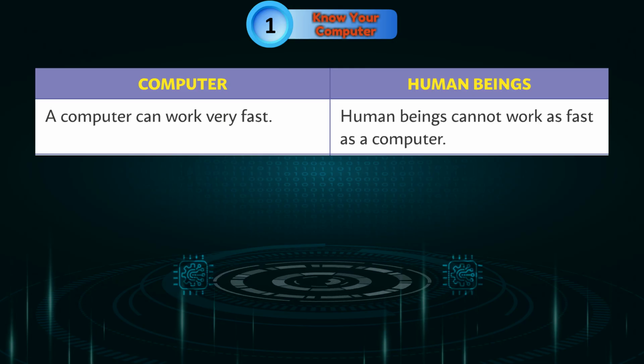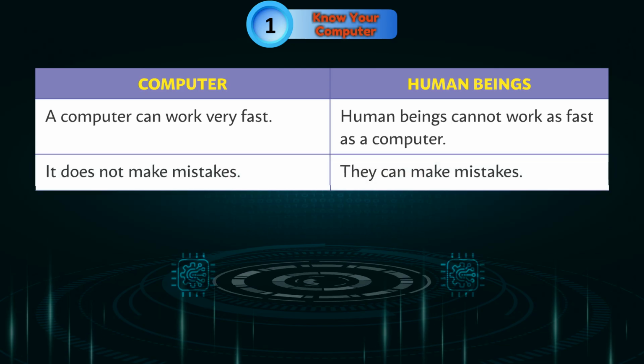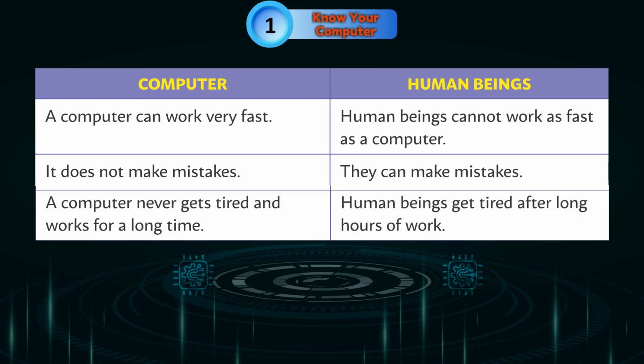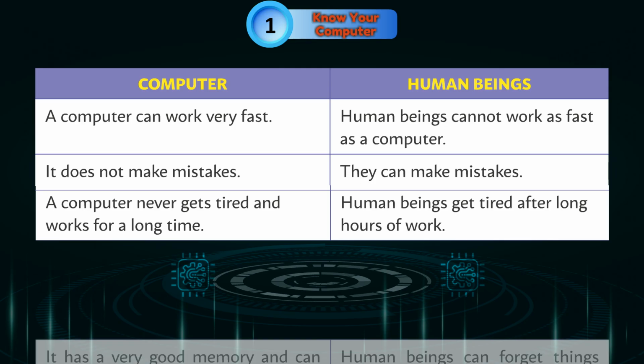Human beings cannot work as fast as a computer. It does not make mistakes. They can make mistakes. A computer never gets tired and works for a long time. Human beings get tired after long hours of work.